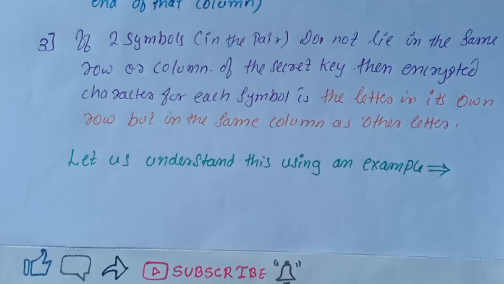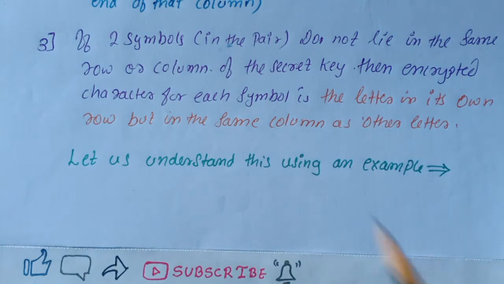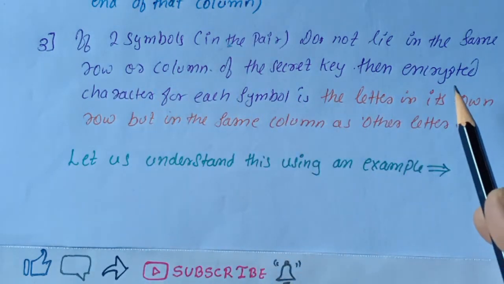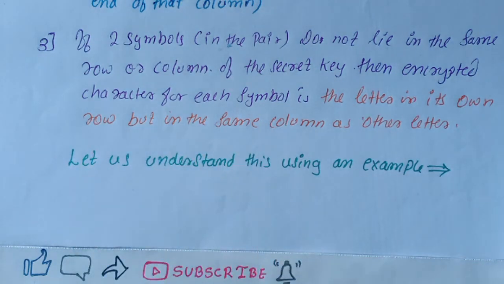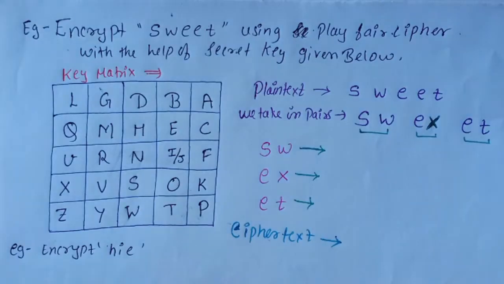Then next, if two symbols in a chosen pair do not lie in the same row or column of the secret key matrix, then the encrypted character for each symbol is the letter in its own row but in the same column as the other letter. I know it is difficult to understand from the sentences, so we will understand using an example.